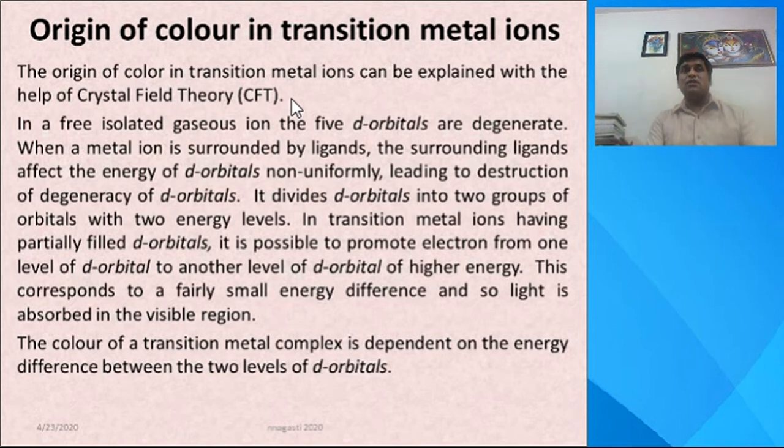That means all have the same energy. But once these metal ions form bonds with ligands to form complexes or coordination compounds, the degeneracy of these d orbitals gets destroyed. That means these d orbitals are no longer degenerate.